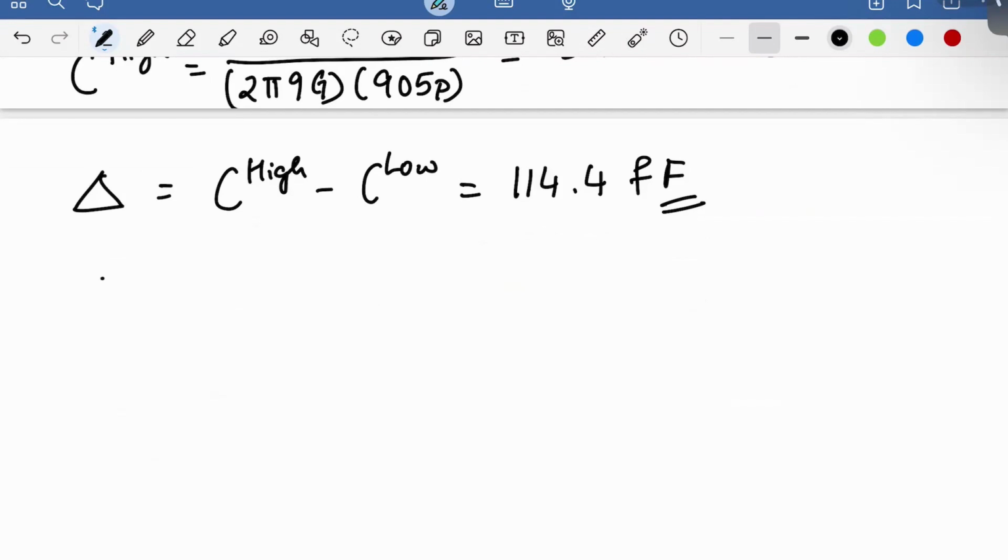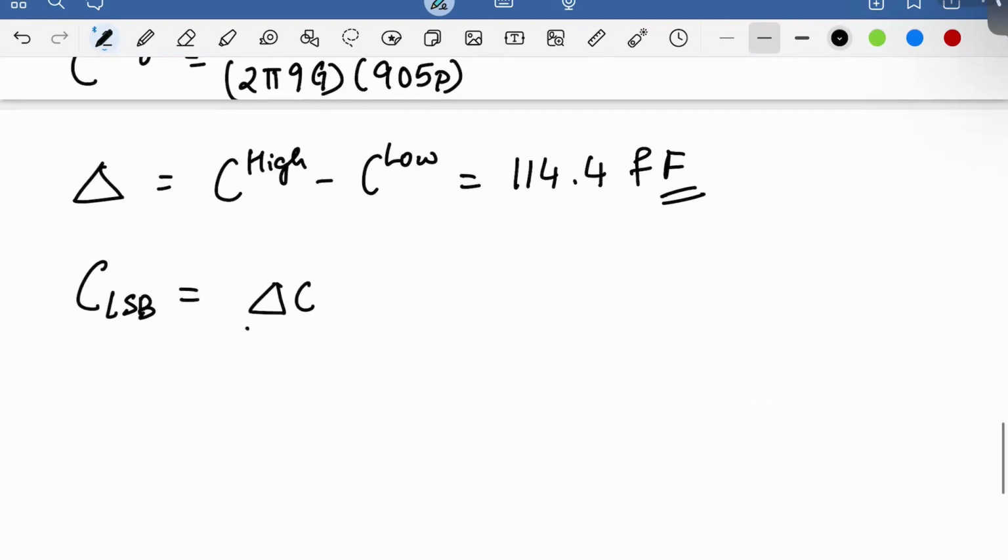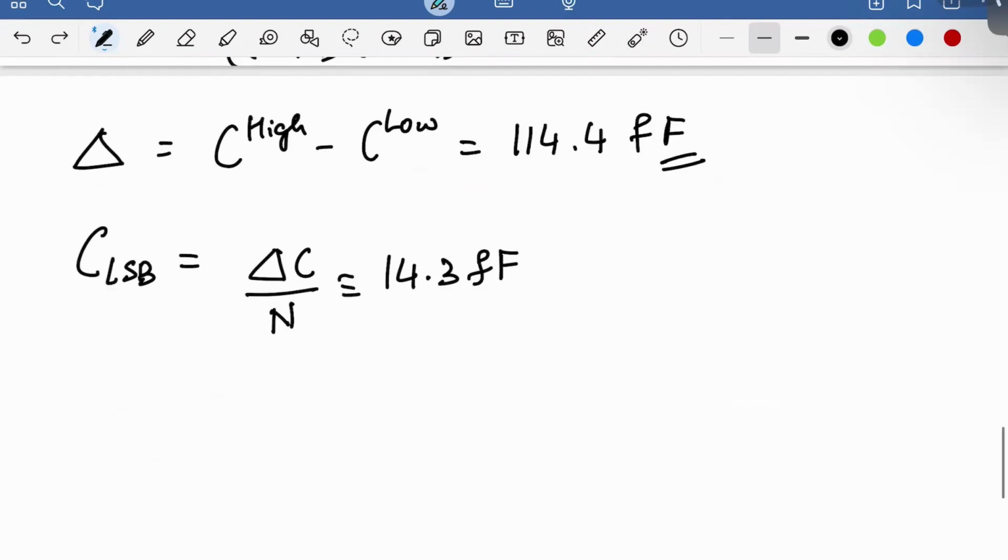So if it's 3 bits, that means the CLSB, which is the step size for each discrete tuning, should be approximately delta C over N, where N is 8. So that's around 14.3 femtofarad, right? So it's an important number to keep in mind. Okay.